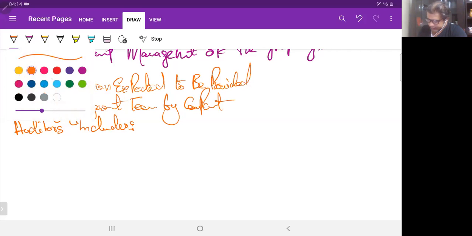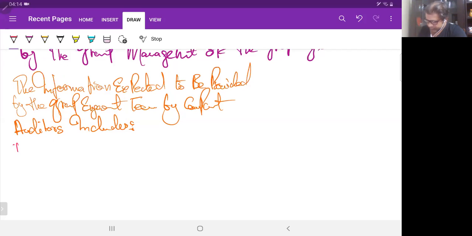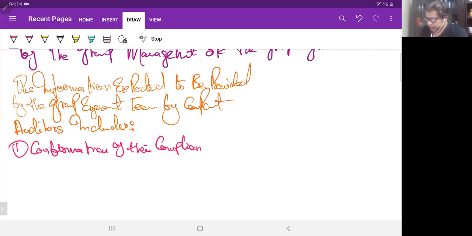Number one, confirmation of their compliance with the group auditor's requirements and ethical standards.